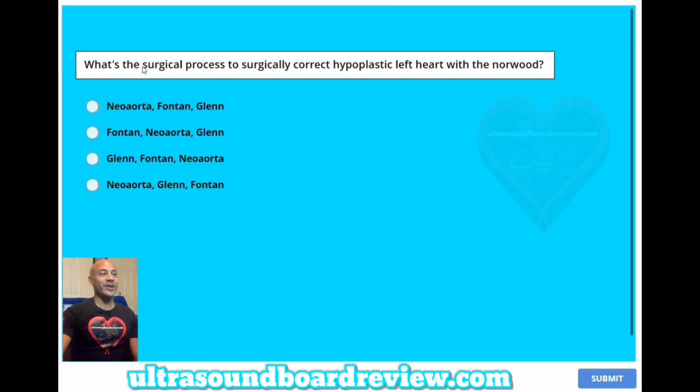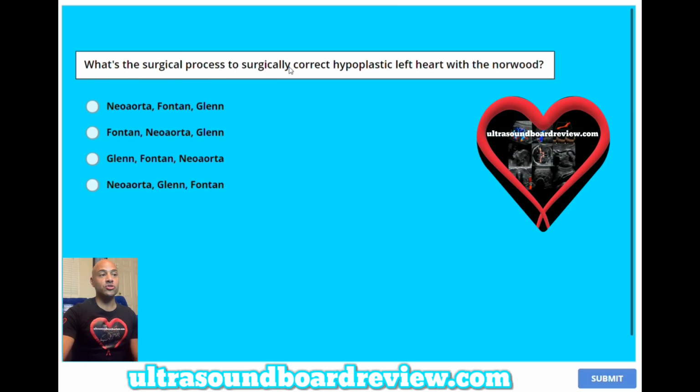Question 123. What's the surgical process to surgically correct hypoplastic left heart with the Norwood? A. Neo-aorta, Fontan, then Glenn. B. Fontan, then neo-aorta, then Glenn. C. Glenn, then Fontan, then neo-aorta.